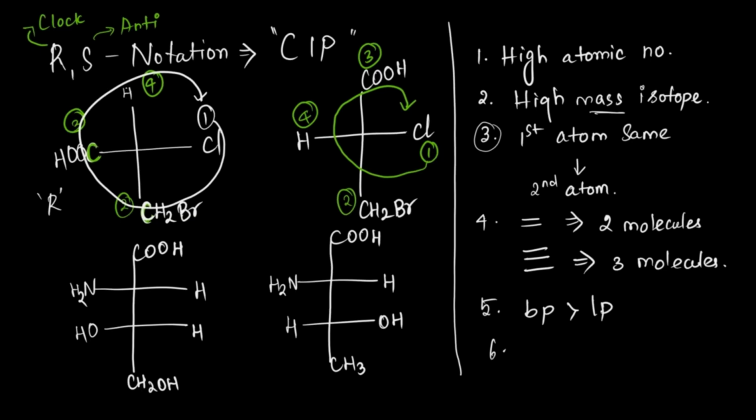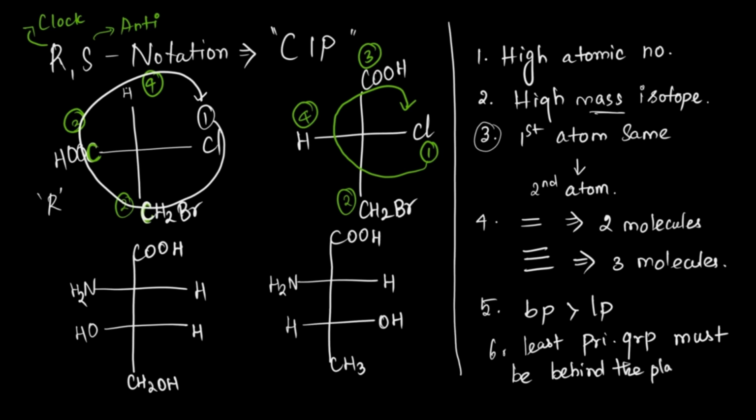Why? There comes the sixth rule. The sixth rule says that if there is a fourth priority group in front of you or above the plane, you have to reverse the notation. So I can simply say the least priority group must be behind the plane or far from you.